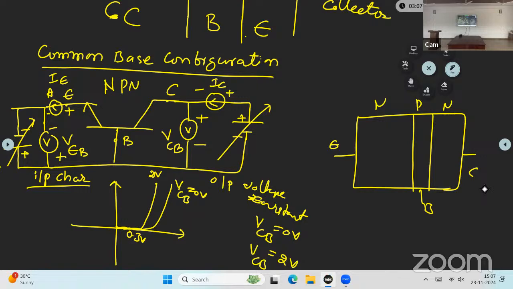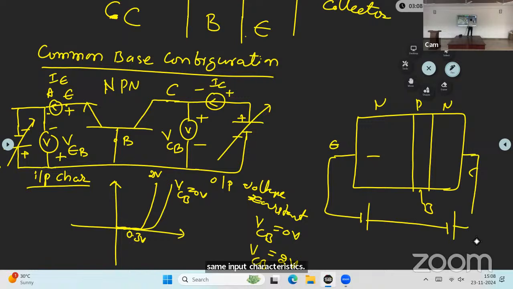Now you can connect the same input characteristics. Now you can keep the output voltage at 5 volts.